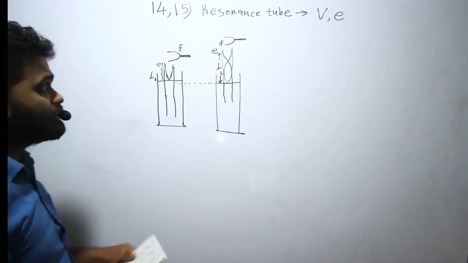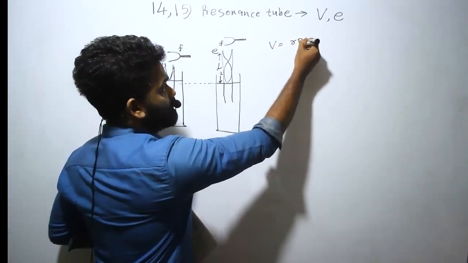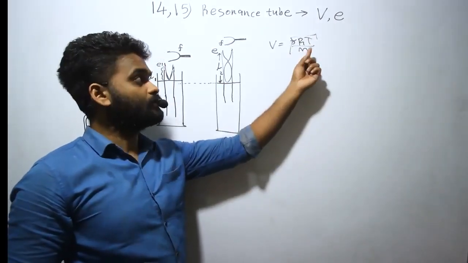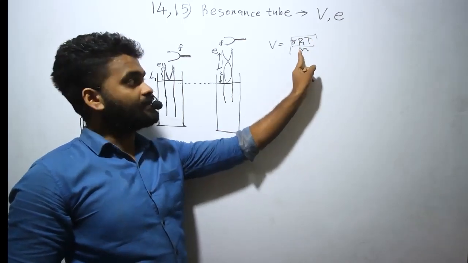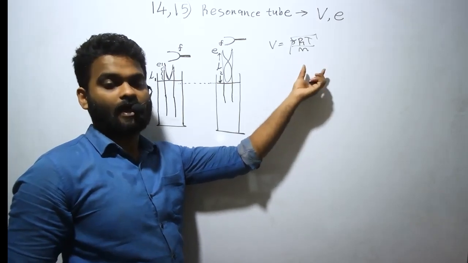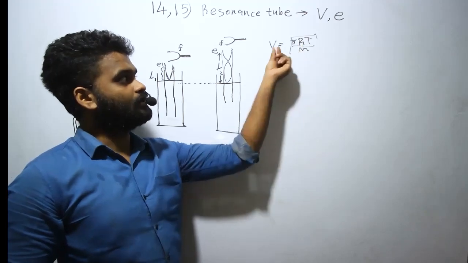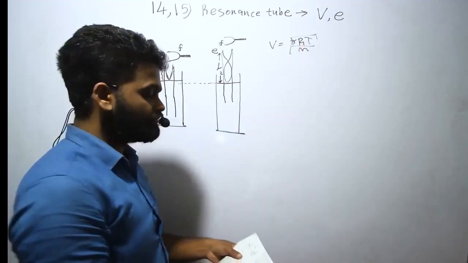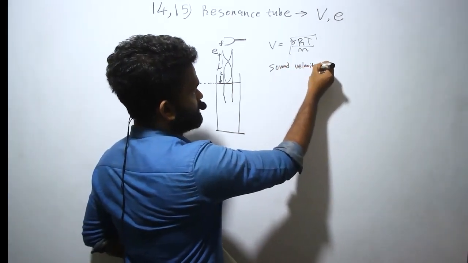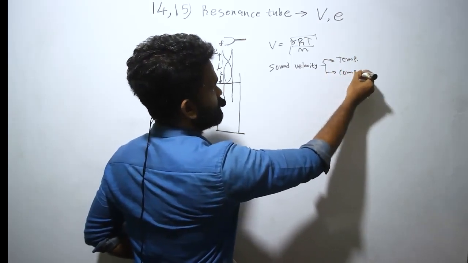In this experiment, you know the velocity of sound is given by the equation v = √(γRT/M), where M is the average molecular mass of air, meaning the composition of air. So sound velocity depends on temperature and the composition of air.